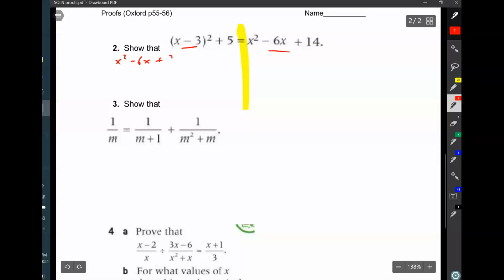Negative 3 squared is positive 9, plus 5. Then we just combine these two, so we have x squared minus 6x plus 14. And it is equal to what we started out with. Okay. QED.